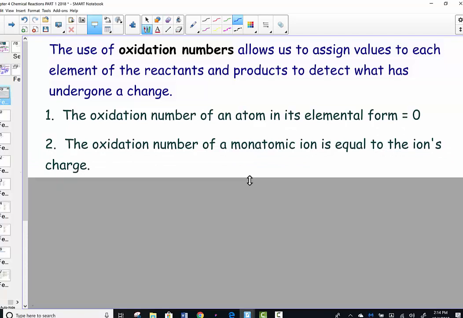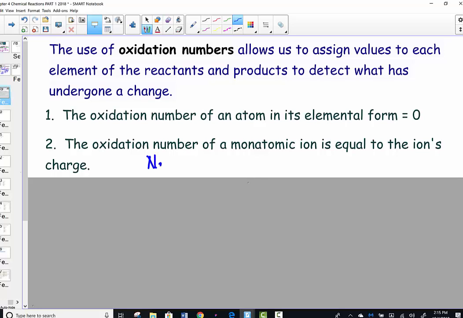Rule 2, we've used a few times. It says the oxidation number of a monatomic ion is equal to its charge. Monatomic ion, Na+, its oxidation number was +1. Cl-, its oxidation number was -1. Monatomic means one atom carrying a charge.